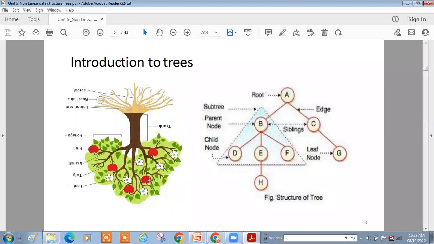As for the leaves and fruits you can see, the leaves are nothing but these nodes. So the leaves in the tree, for the data structure tree, I am representing with the word node. So the root is the same as the root. Branches I'm calling edges, and fruits, leaves and flowers, all these are called nodes.